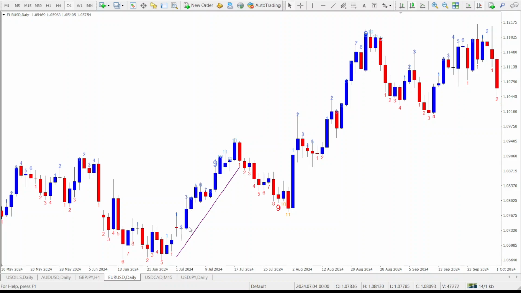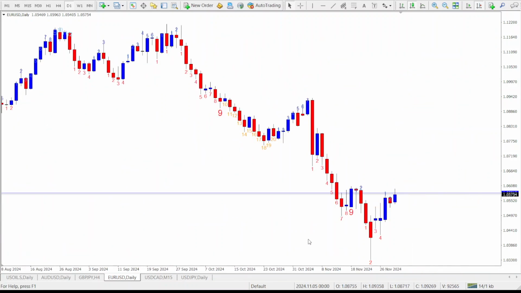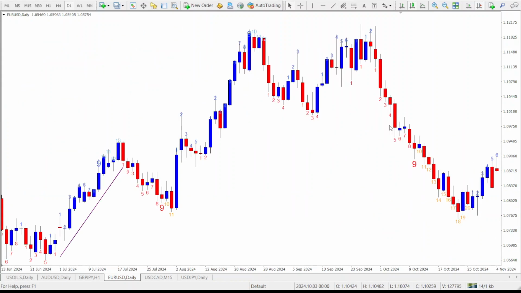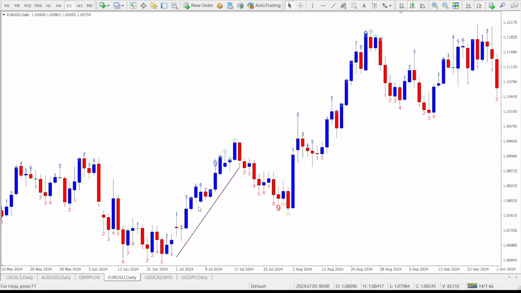The numberings are in blue colors. So even if you are looking for a very simplified strategy, you can focus on the color codes. If you are a beginner, the color codes can give you insights into the direction of the market at a given time.